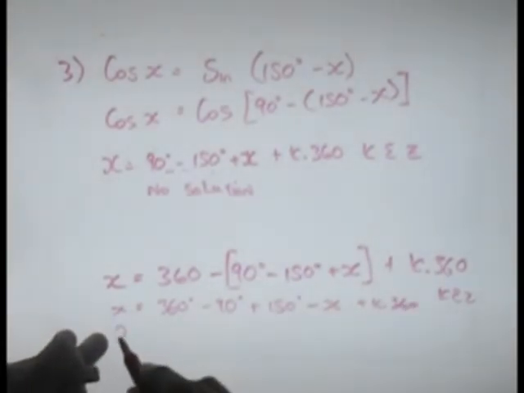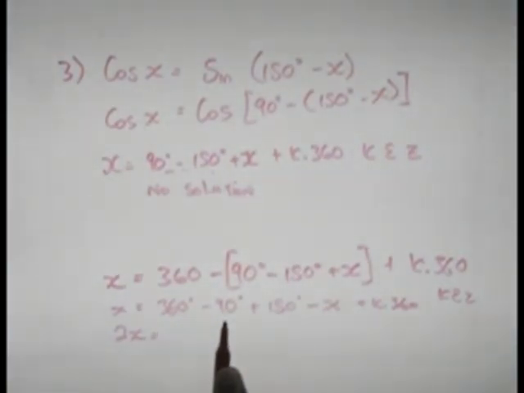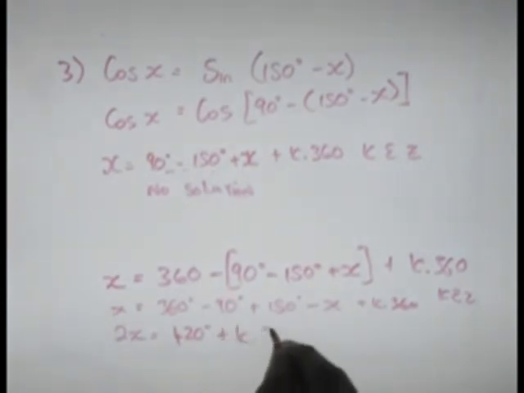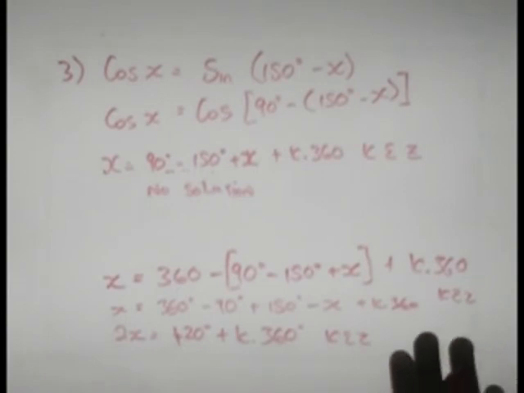Minus x across makes that 2x is equal to 360 degrees minus 90, which gives us 270 degrees. 270 degrees plus 150 is 420 degrees plus k times 360, where k is an element of integers.